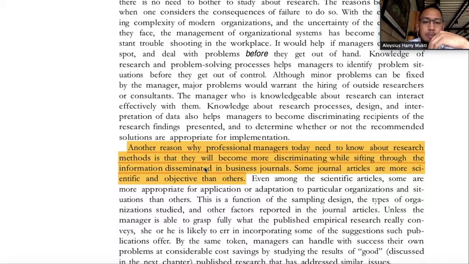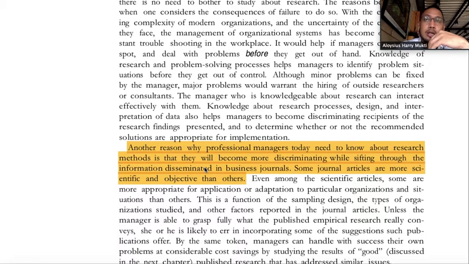Another reason why professional managers today need to know about research methods is that they will become more discriminating while sifting through the information disseminated in business journals. Some journal articles are more scientific and objective than others. So why do managers rely on research?